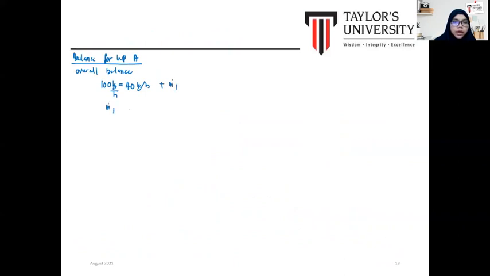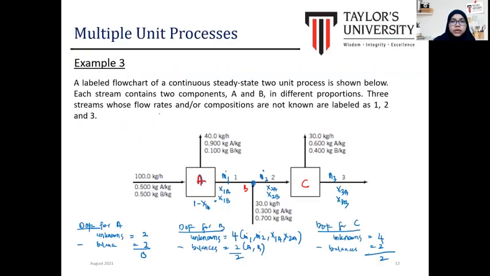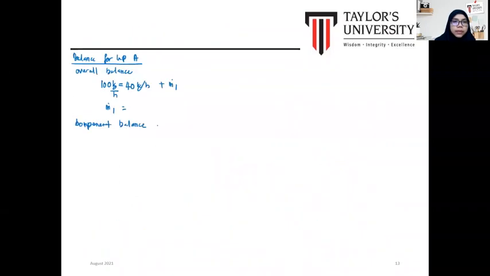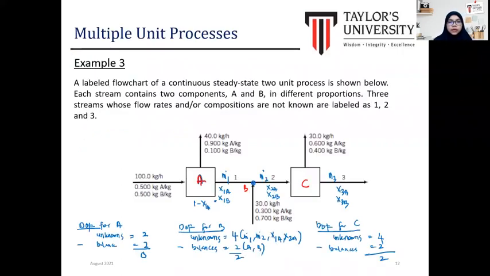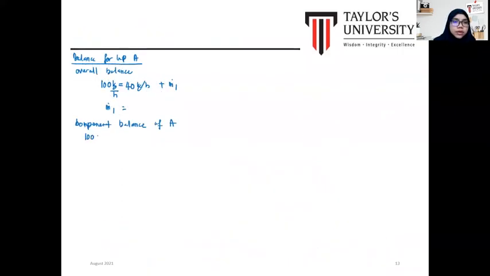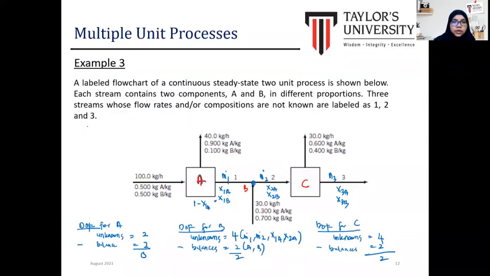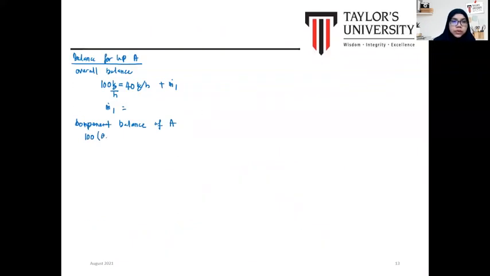So you can determine your M1, and then after that you need to perform the component balance. You may proceed with the component balance for A, and then you can have your 100. I will not try to solve it one by one. I just share with you the procedure, and you may try on your own.